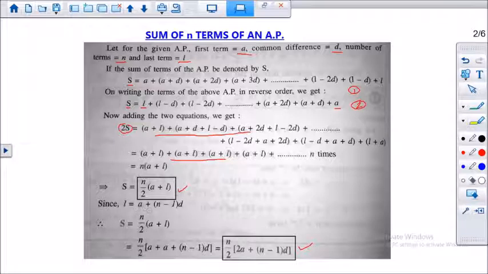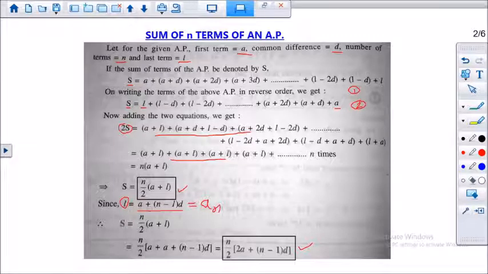Also we know that any term of an AP can be written in the form A plus (n minus 1) into D. Here the last term is L, that means a_n.